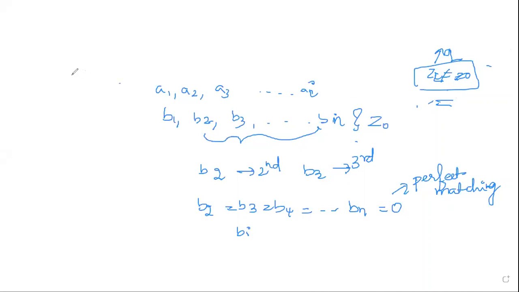So how you will be writing the scattering matrix is BI, which is equal to, taking first B1, which is equal to the reflection coefficient into your A1.